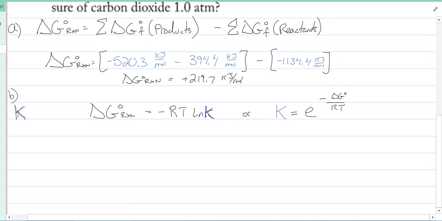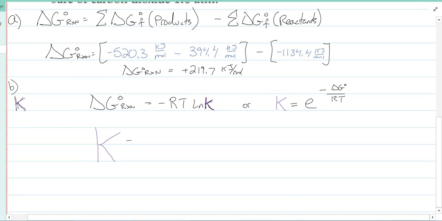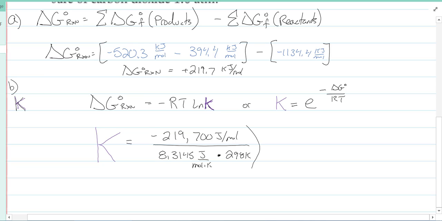So let's write this out. K, our equilibrium constant, is going to be equal to e to the negative 219,700 joules per mole divided by 8.3145 joules per mole K times 298 K, and all that is the exponent of e.